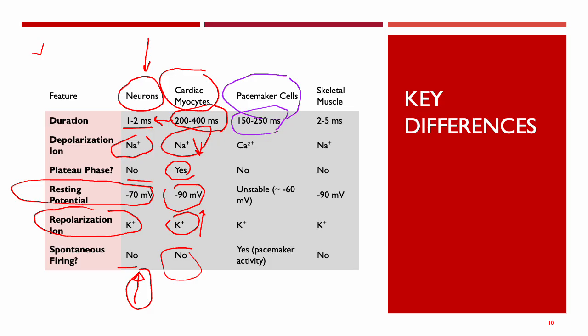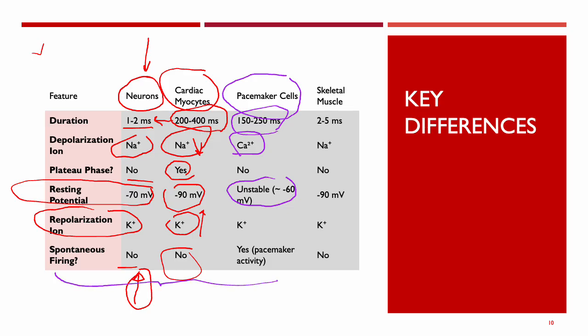And the depolarizing ion here is calcium, actually. The resting membrane potential is unstable, meaning these cells spontaneously depolarize, setting the heart rate.